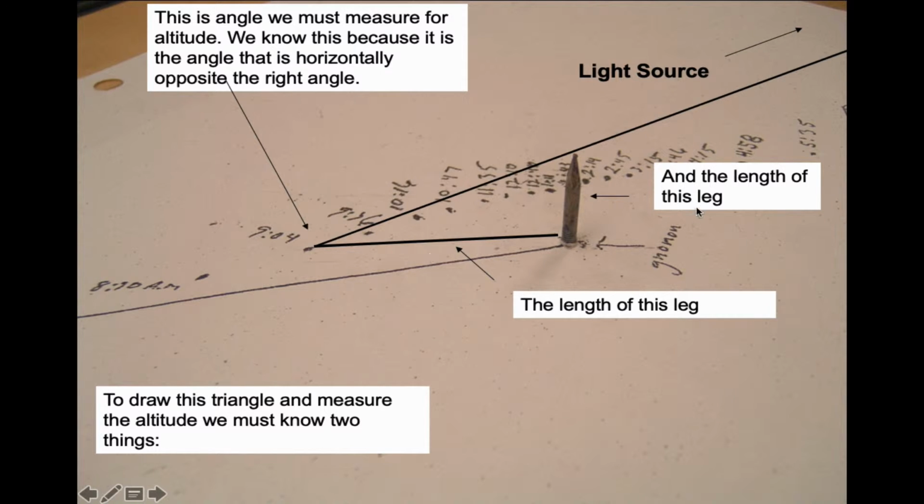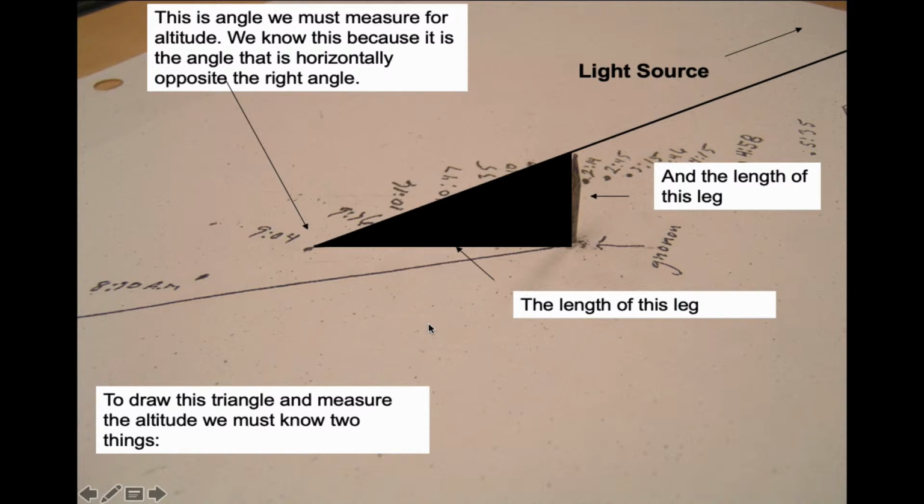If we have these two things, we can draw that triangle on a piece of paper, and we can measure this angle with total exactitude. So that's what we want to find. If I draw that triangle exactly like that, it's going to look like this. We measure the length of the shadow, and it was 4.5 centimeters long.